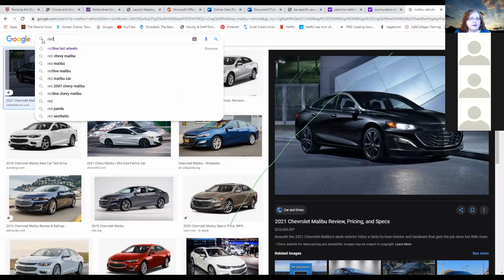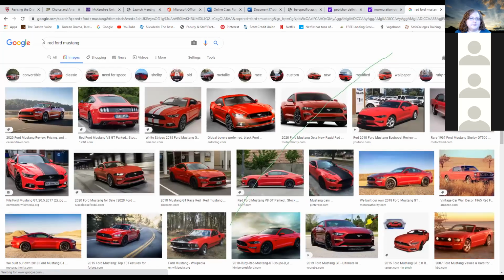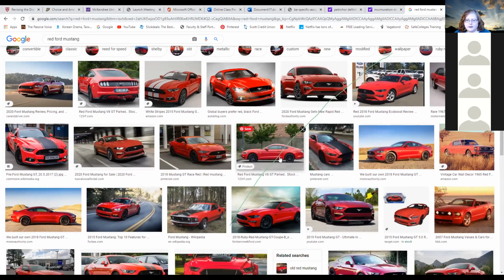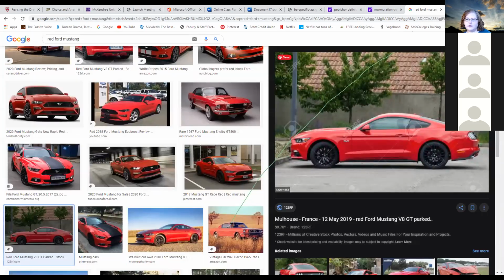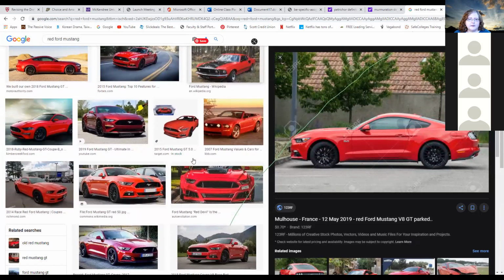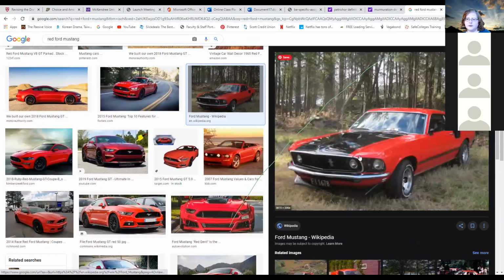My friend in high school had a red Ford Mustang that we used to drive around in. Older, like this one-ish. No, it was older than that. Yeah, more like this one. She had a muscle car. Hyundai Santa Fe. These are all very different pictures, right?